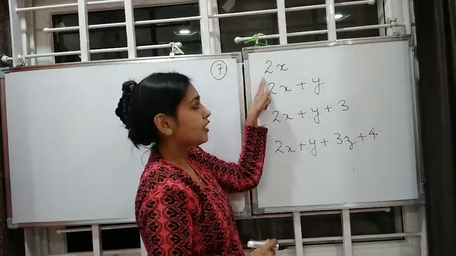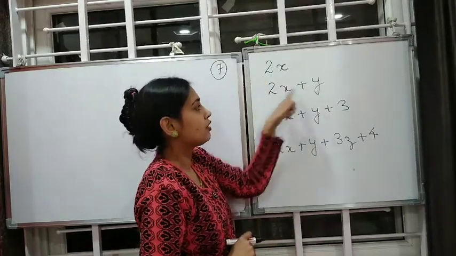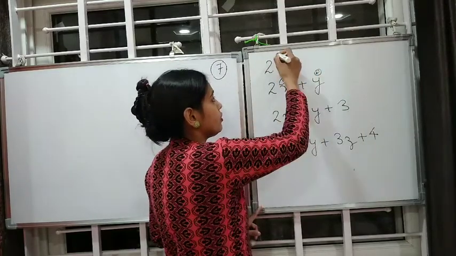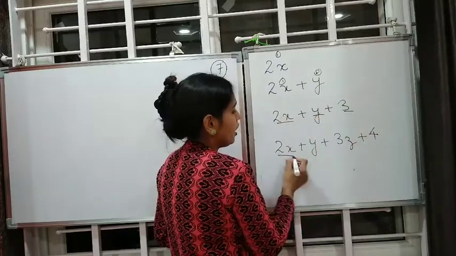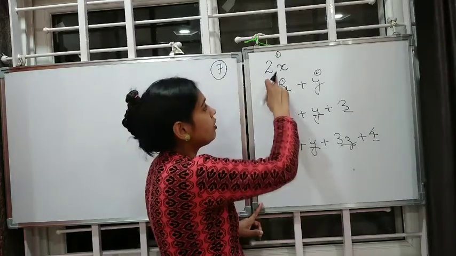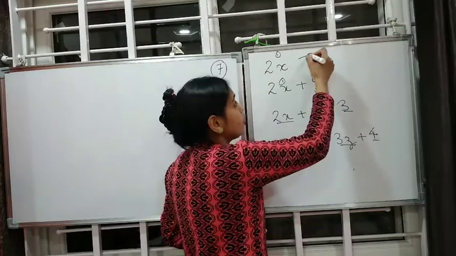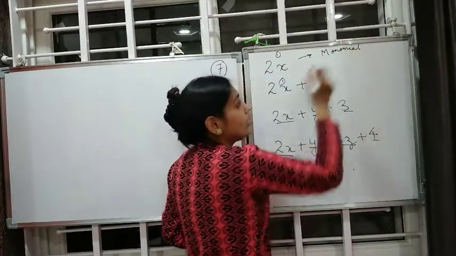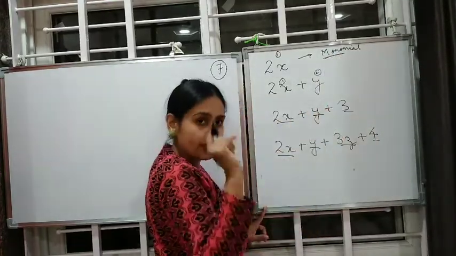How many terms can you see in this expression? Just one. How many terms here? 1, 2. This is just one. Here 1, 2, 3. 1, 2, 3, 4. So an expression with one term is known as monomial, as the word mono means single.